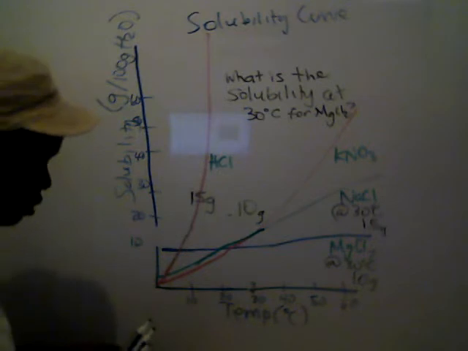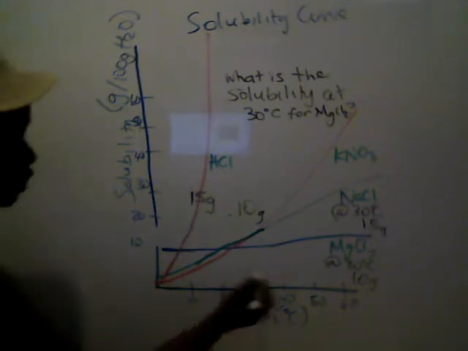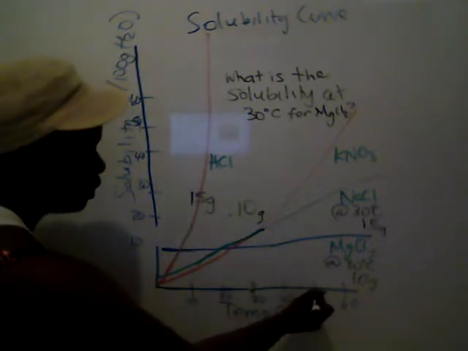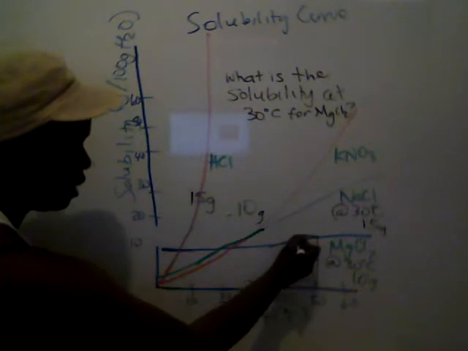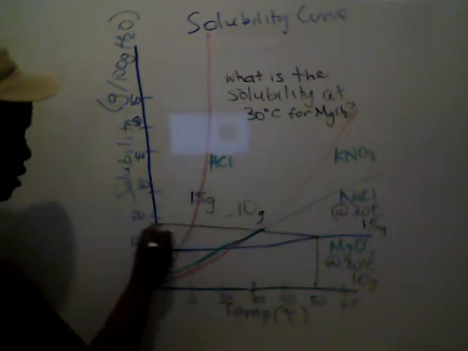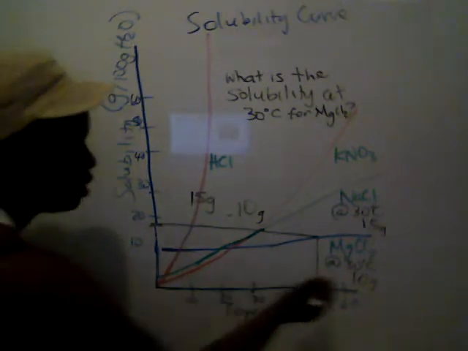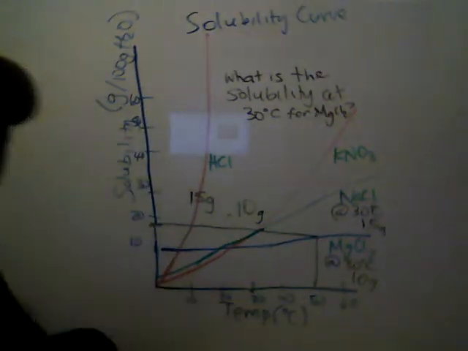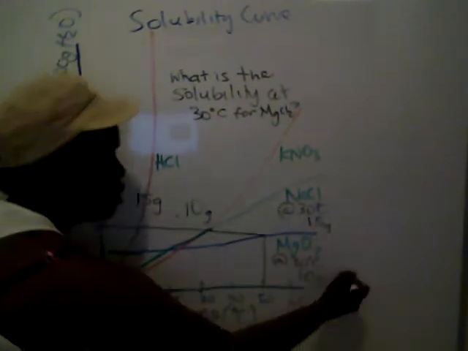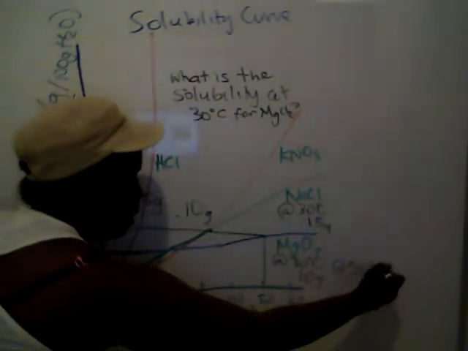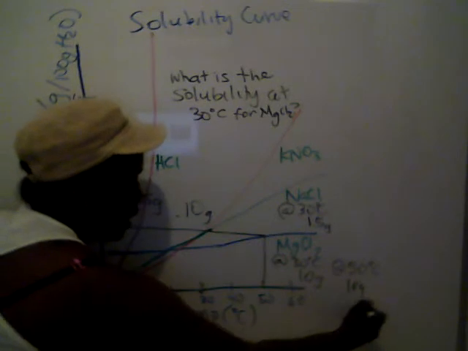We'll test that and see if it's true. Let's look at 50 degrees. At 50 degrees, if we go to magnesium chloride and over to our y-axis, we're closer to 20. Let's call it 18. So at 50 degrees, we're able to do about 18 grams.